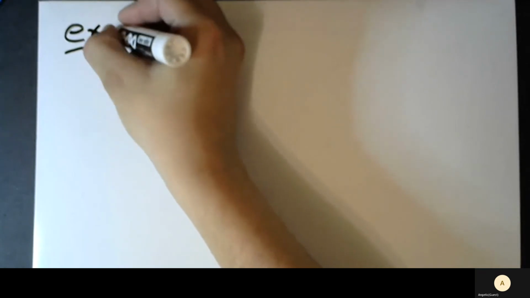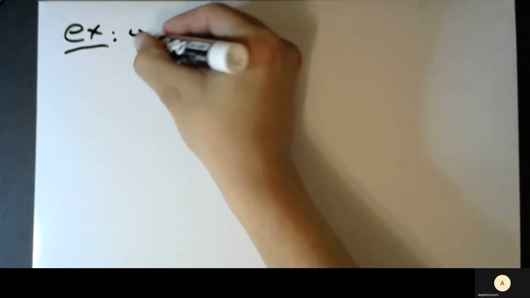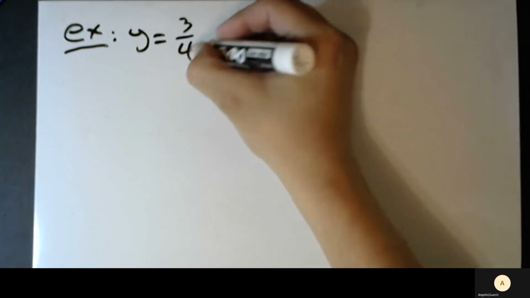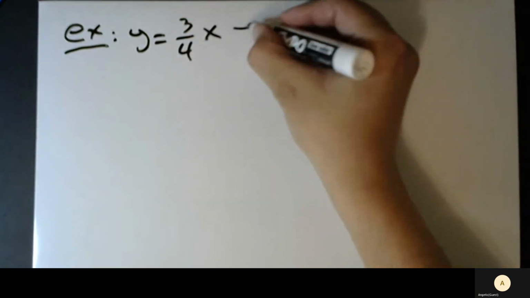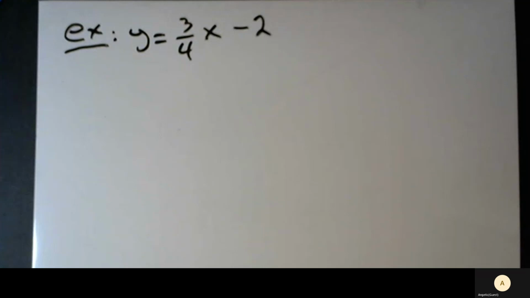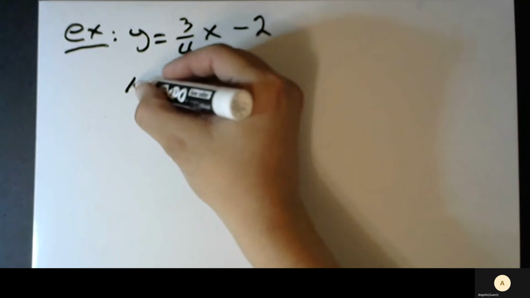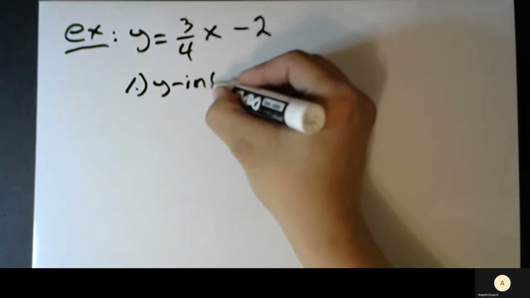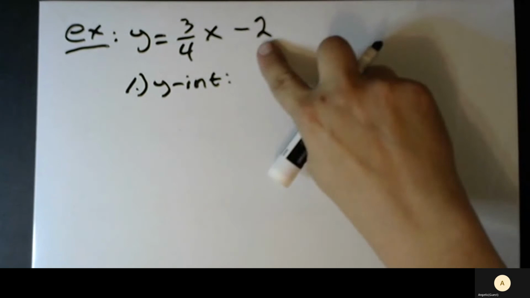So let's say we have y equals 3/4 x minus 2. Now, first off, we can generate the y-intercept. And we can read the y-intercept by this.